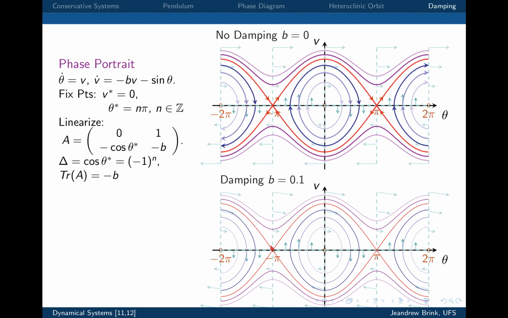What I've also done is plot the vector fields that come from this differential equation, but this line over here of θ equals minus π is no longer a null line. You can see it's no longer a null line because these arrows are not horizontal. They're actually pointing down, because you have this extra minus b v term coming in. So these are not null lines, but I've just plotted the same arrows for the damped case as for the undamped case.